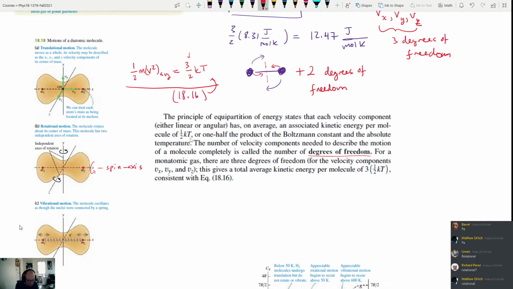We don't include rotation about the molecule's own axis because in ordinary collisions, there's no way for this rotational motion to change. So I think what they're saying is that, yes, it's rotating this way, but there's no way for it to change, which maybe I'm taking too far. To me, that means that they're talking about intrinsic spin.